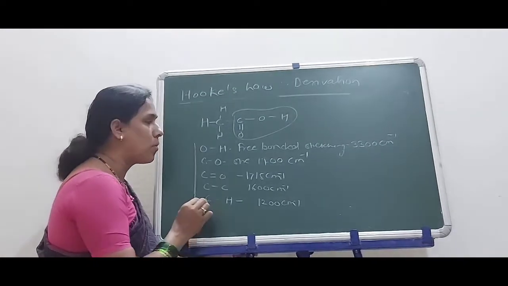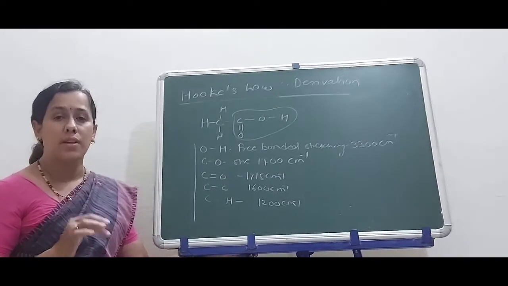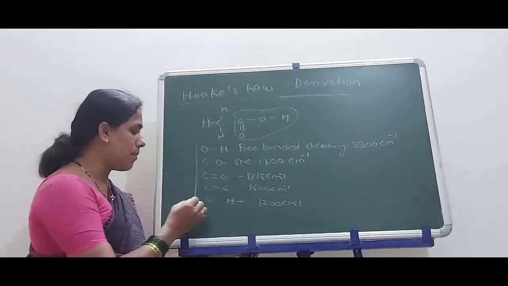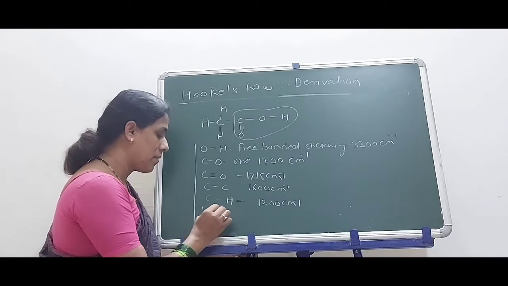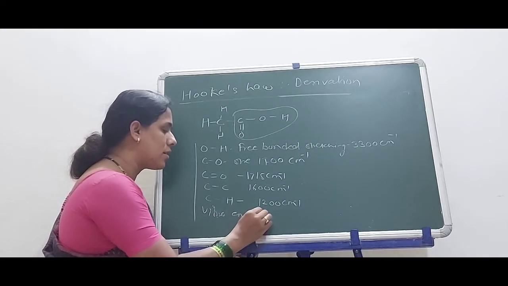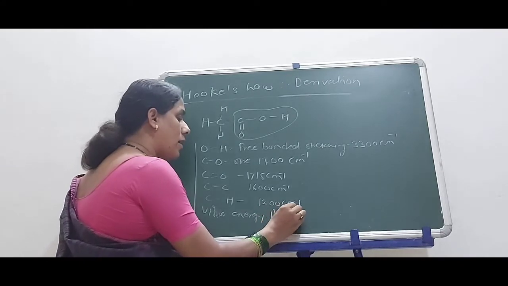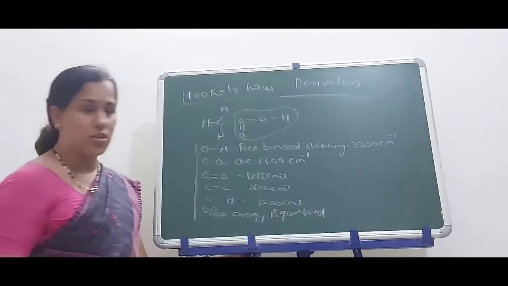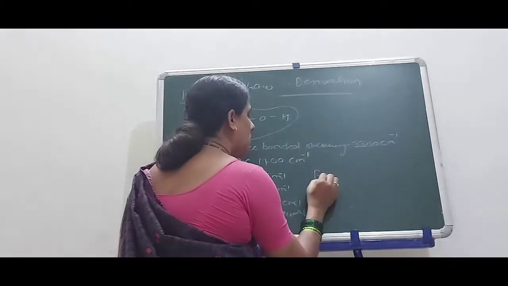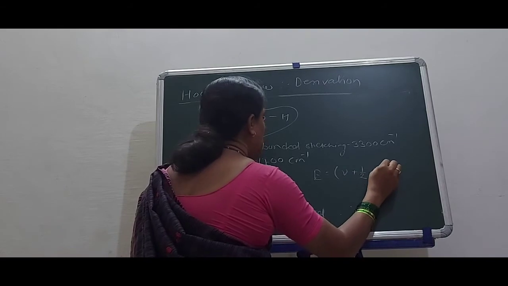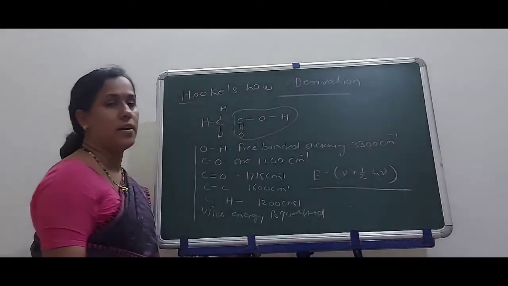Therefore, as the vibrational frequency is fixed and particular for a functional group, the vibrational energy is quantized. Therefore, energy is equal to (v plus 1/2) h nu, which is quantized.